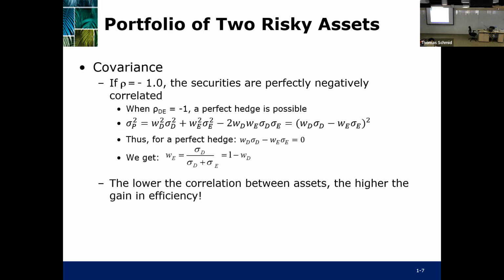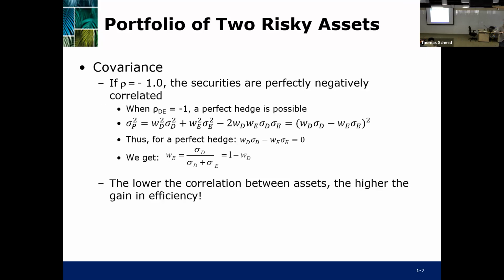If you have a perfect negative correlation, something interesting happens. It is now possible to form a riskless portfolio of those two assets. Because if you have two assets, and they always move in exactly opposite directions, it must be possible to form a portfolio that has no risk.